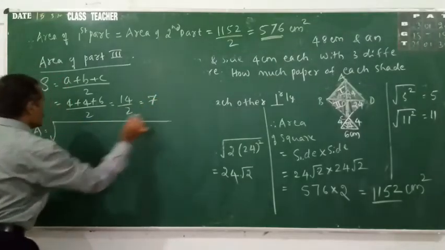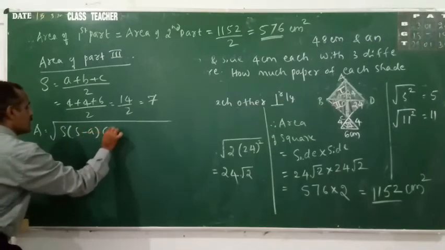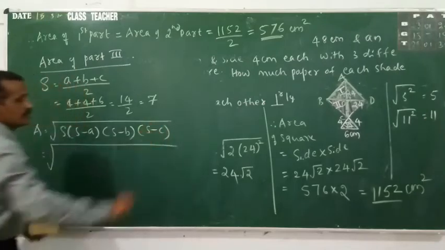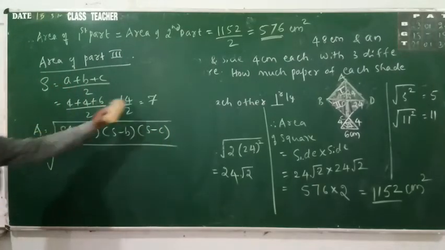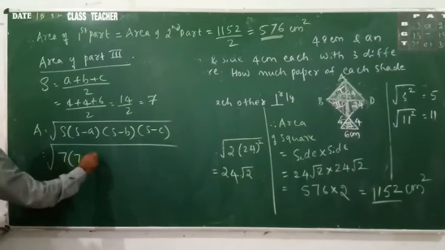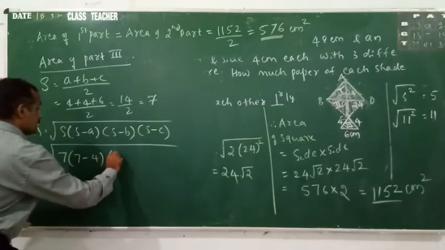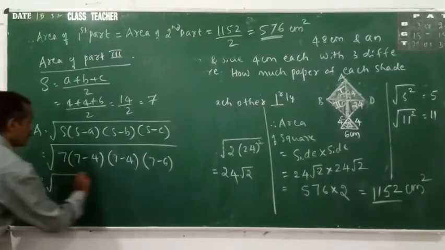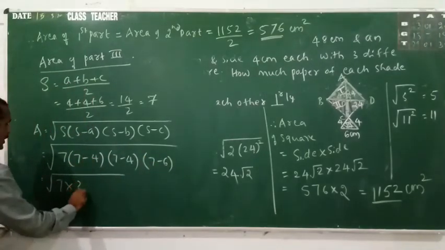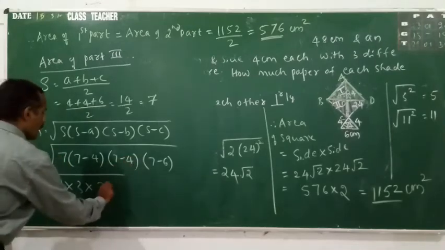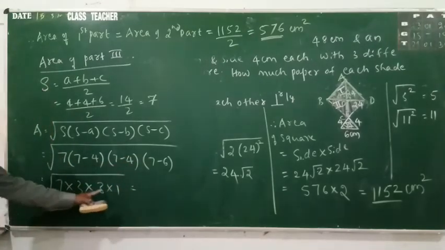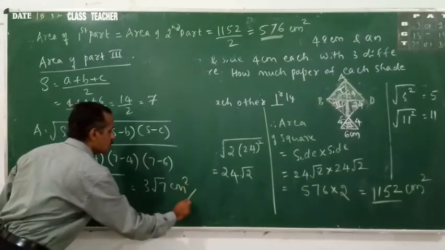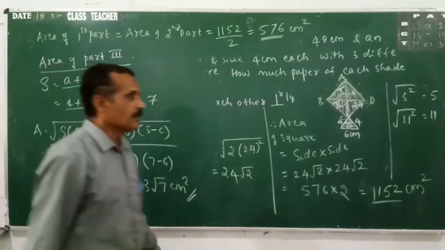Area is equal to the square root of S into S minus A into S minus B into S minus C. Under root, 7 into 7 minus 4, 7 minus 4, 7 minus 6. Under root, 7 into 3 into 3 into 1. In fact, 2 3s are there, so one 3 comes out. 3 root 7 centimeter square is the area of the third part.